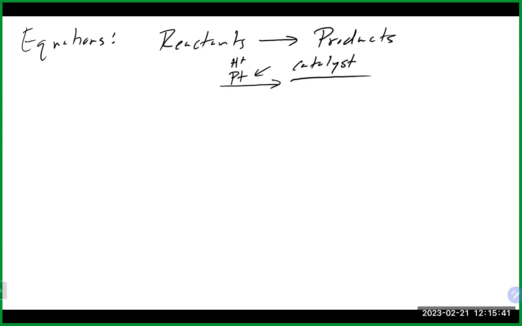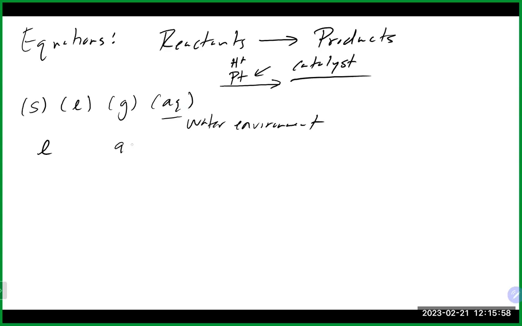Other things that we see in chemical equations are states, like solid, liquid, gas, aqueous. Aqueous is a water environment typically. Is there a difference between liquid and aqueous? The answer is yes.